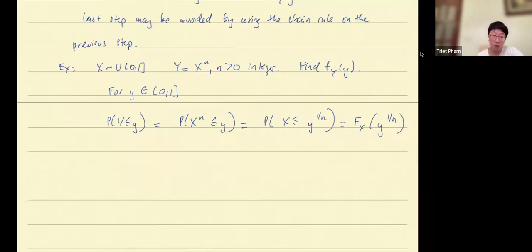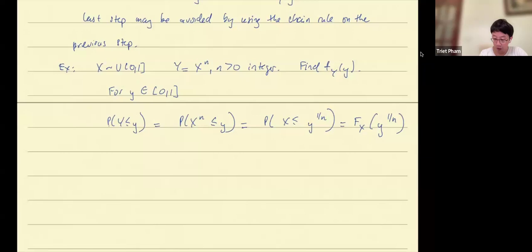Now, if you want, we do know what the CDF of the uniform is, so you can plug that in here. What's the CDF of a uniform? The CDF of a uniform is x, right? Because you integrate one. But let's even skip that step for now. Let me show you how to use the chain rule.